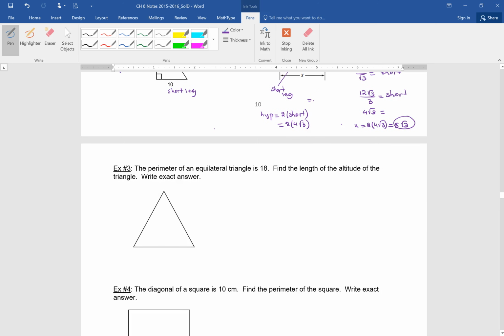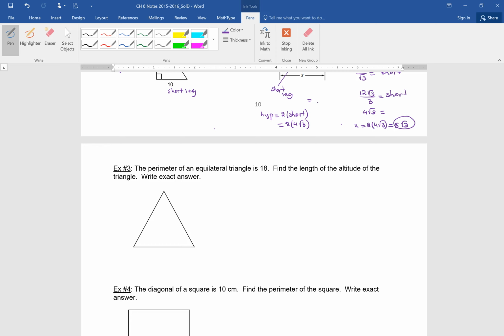All right, so the next one says, the perimeter of an equilateral triangle is 18. Find the leg of the altitude of the triangle. Now, what comes next is super important. When it says to write the exact answer, what does that mean?